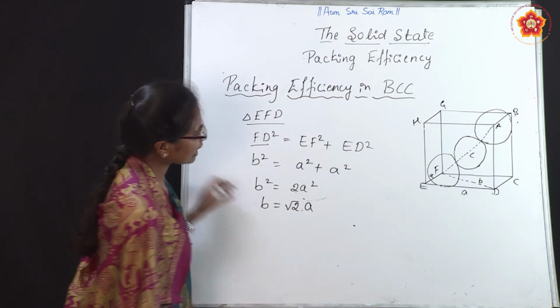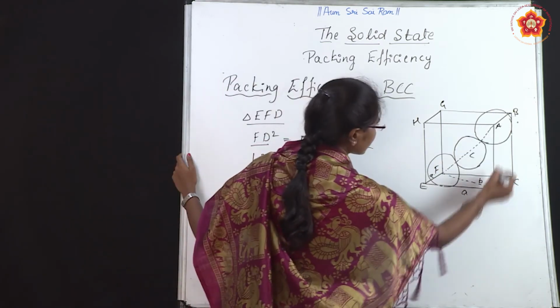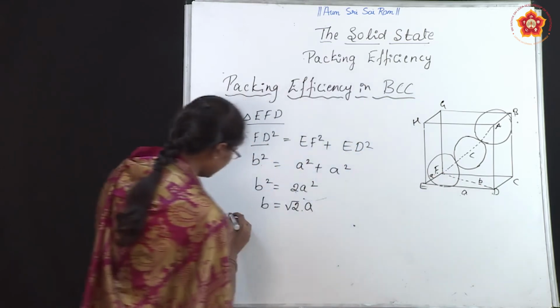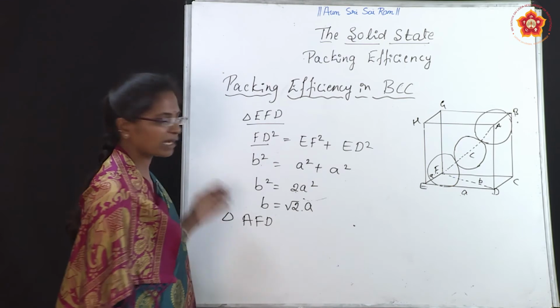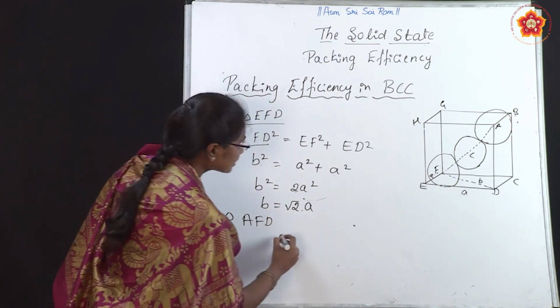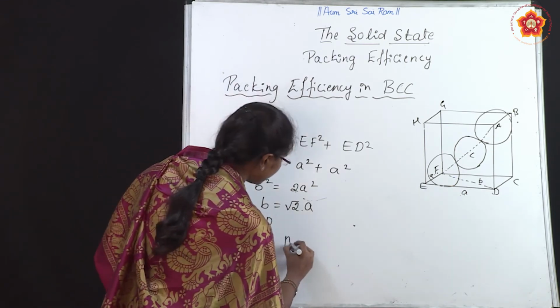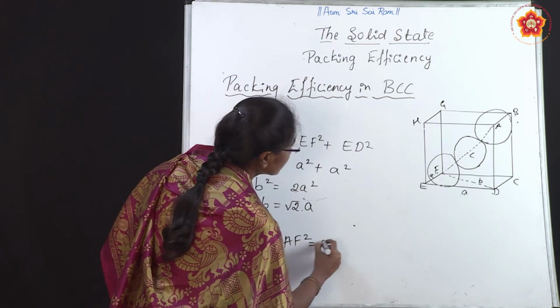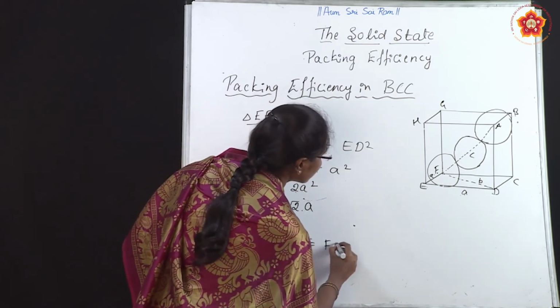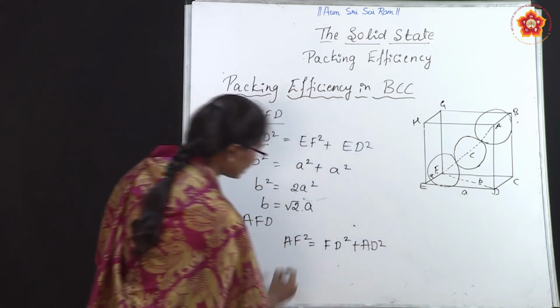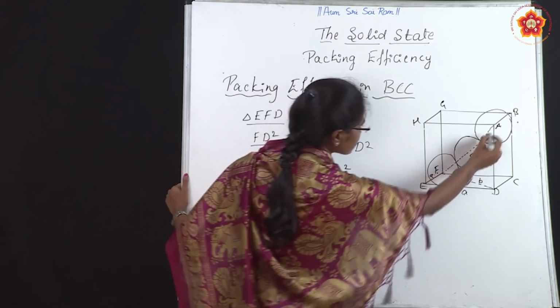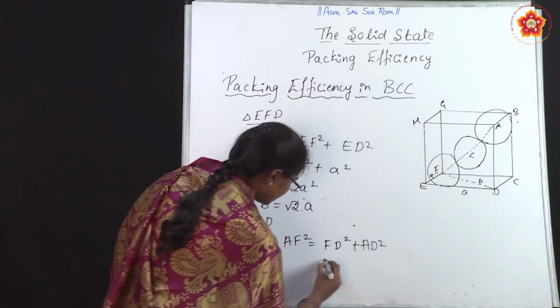Now you consider triangle AFD. This is triangle AFD. Now here also apply the Pythagoras formula. Here AF square is equal to FD square plus AD square. Okay. AF square, what is the value of AF square? AF is the C here. Okay.